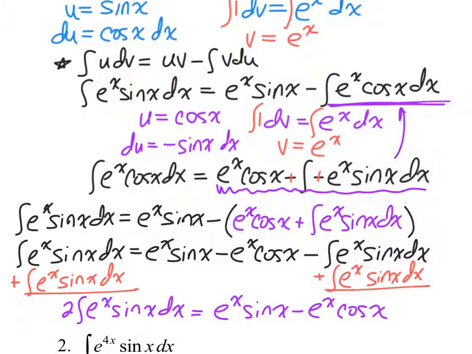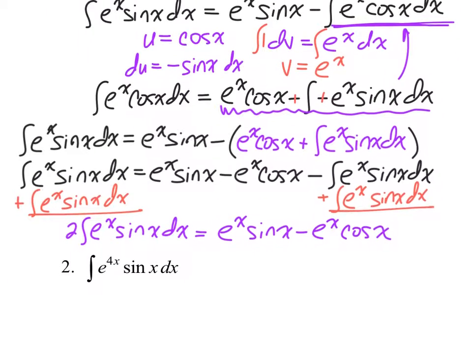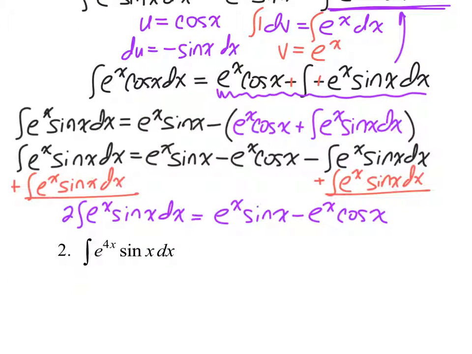So if I want to get the integral e to the x sine of x dx all by itself, my final step, well, still have a little teensy tiny step after that, but the last major step would be to multiply both sides by 1/2 or divide by 2, same deal. All right, so multiply both sides by 1/2.